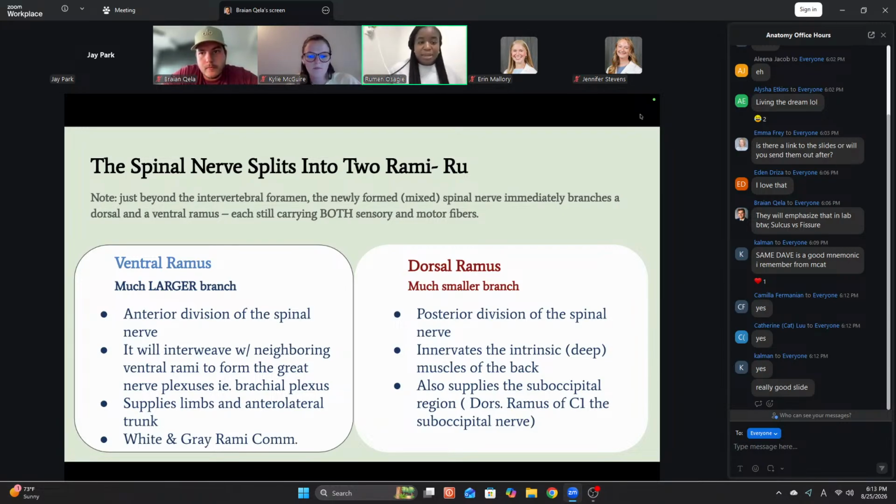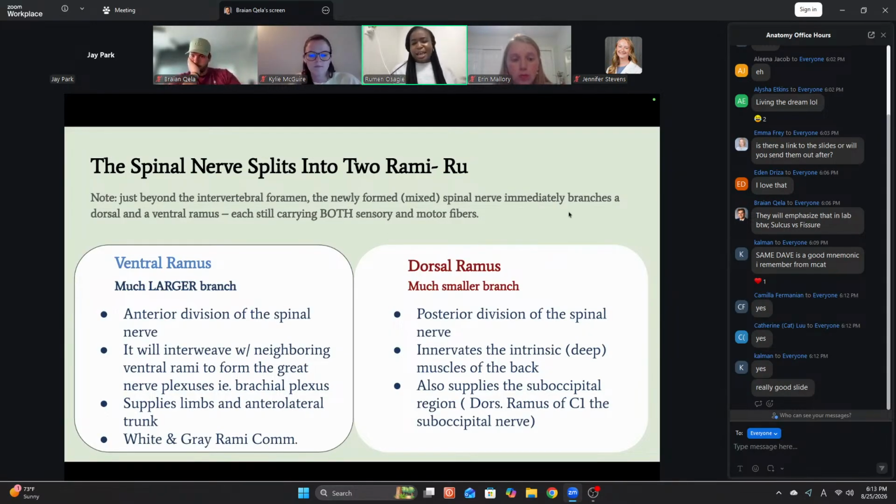The ventral ramus, much larger, is the anterior division of the spinal nerve, and it will interweave with neighboring ventral rami to form the great nerve plexi, aka the brachial plexus, the lumbar plexus, and it'll supply limbs and the anterolateral trunk.